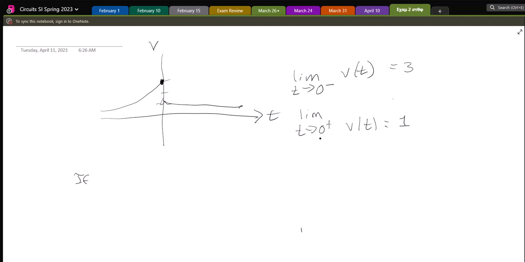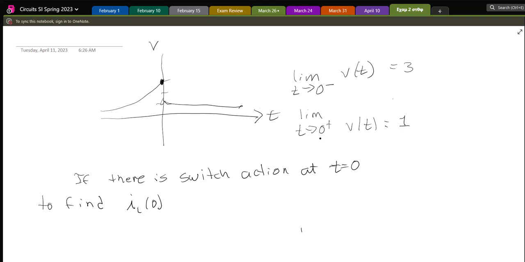If there is switch action at t equals 0, so at t equals 0 you flip a switch, then to find iL of 0, look at the circuit before switch action.